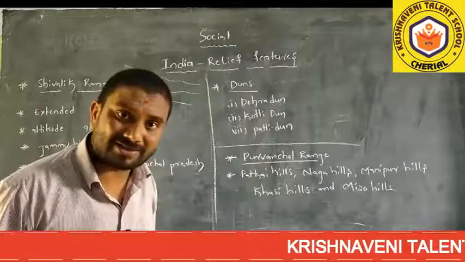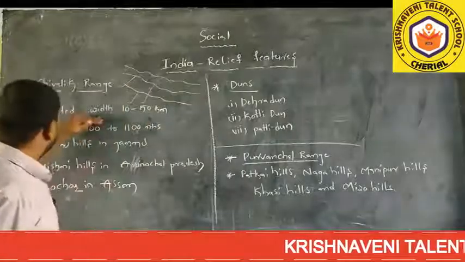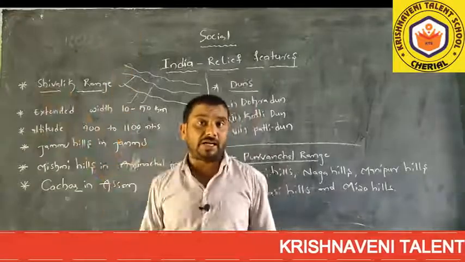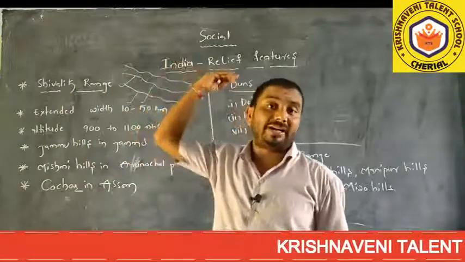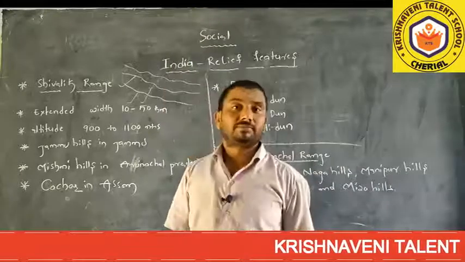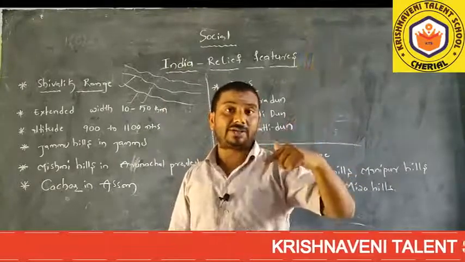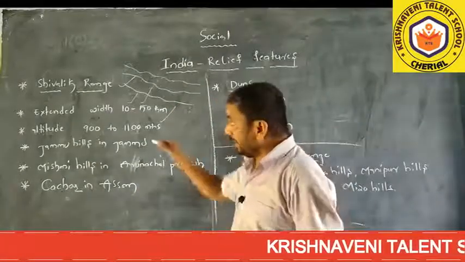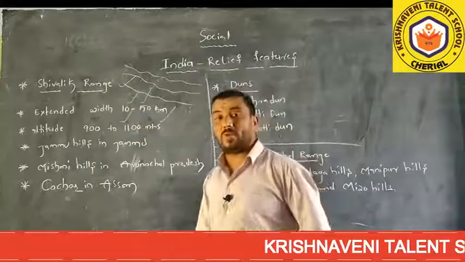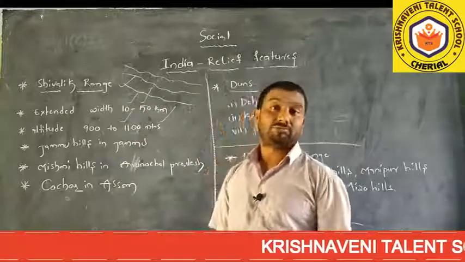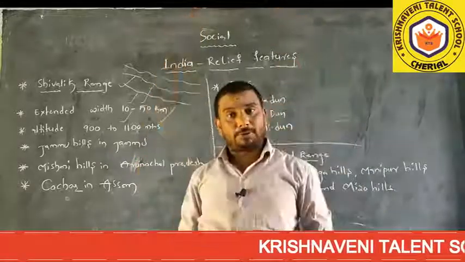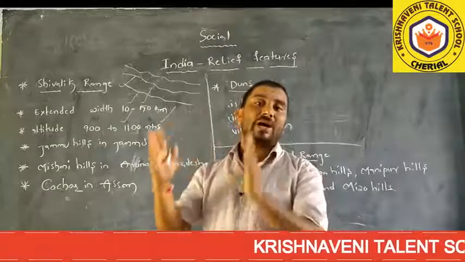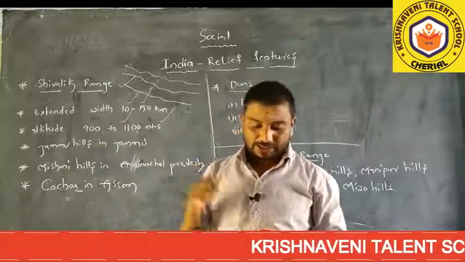Like the Greater Himalayas, which we discussed in terms of height above sea level, the Himadri range, Himachal range, and Shivalik range each have their own elevation. The high elevation of the Shivalik range is 900 to 1100 meters.